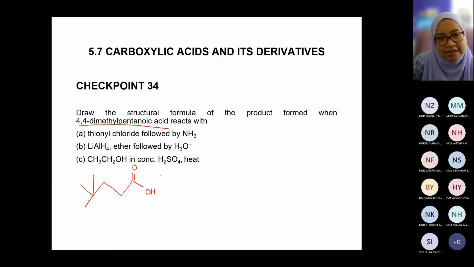First reaction, react with thionyl chloride followed by NH3. Thionyl chloride macam ni rupa dia, SOCl2. The other one is NH3. Cuba refer balik dia jadi apa. So basically you draw everything the same sebab target dia adalah carbon ni saja.